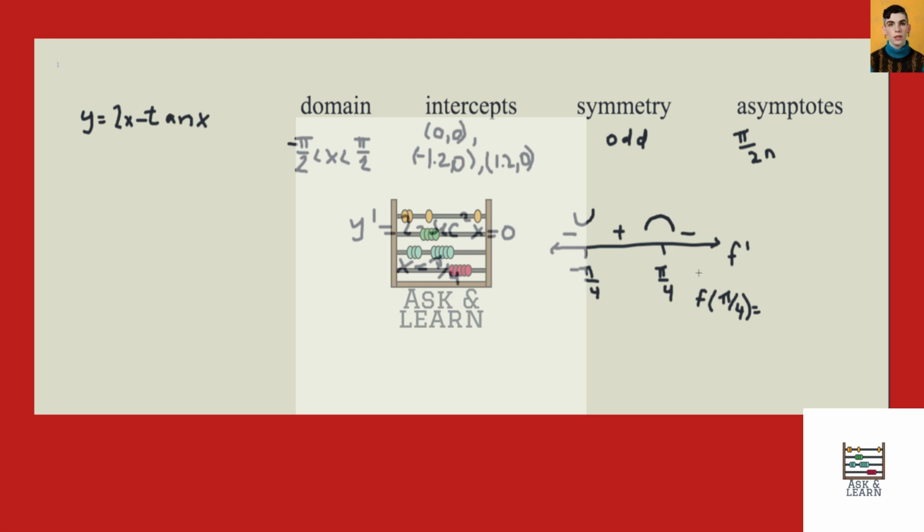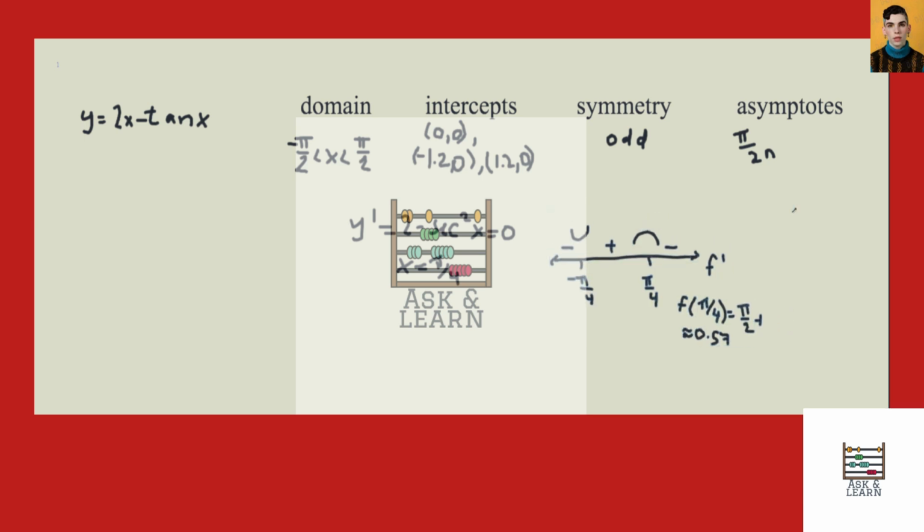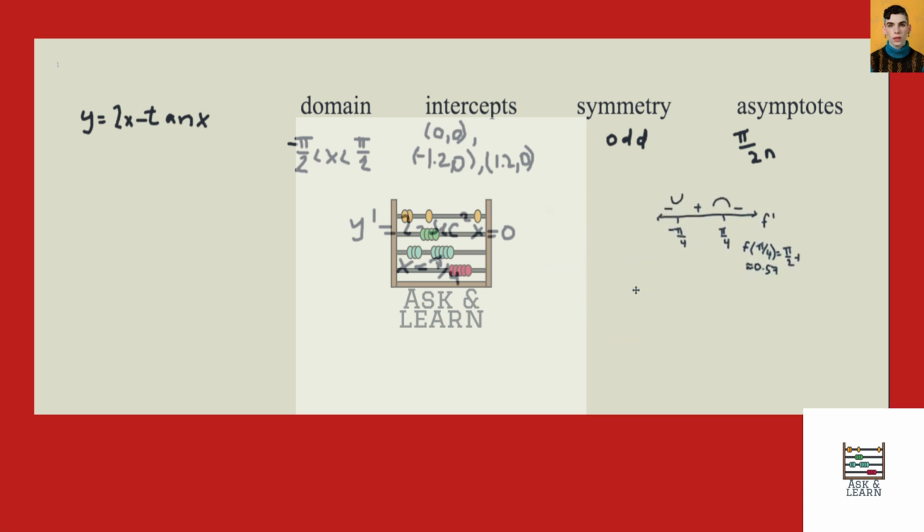So if we want to find the maximum, for example, the y value would be pi over 2 minus 1, which is approximately 0.57. Alright, so this is the first derivative test to show increasing and decreasing.